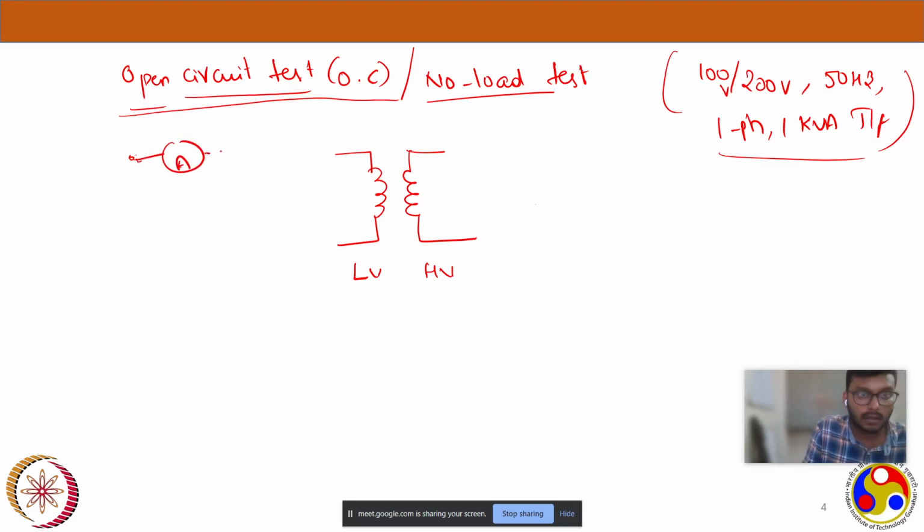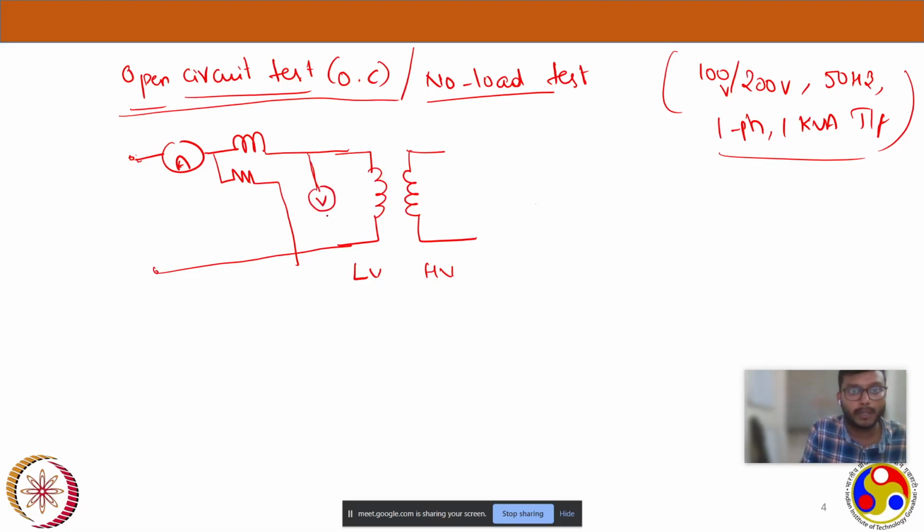Ammeter, here goes the current coil and pressure coil of a wattmeter, and voltmeter in parallel to measure the voltage this side. And this is my secondary side. I am just open circuiting the secondary side.